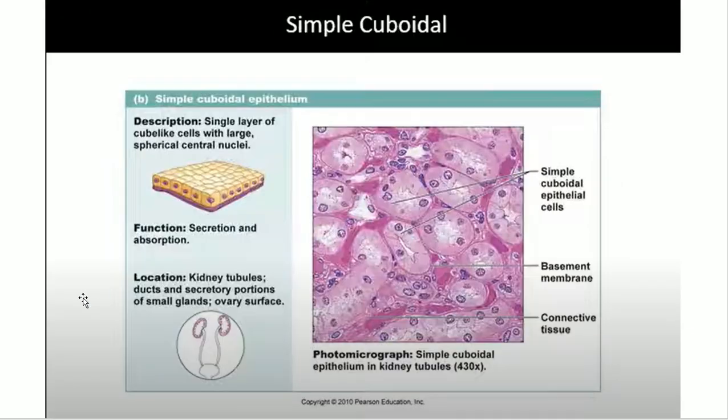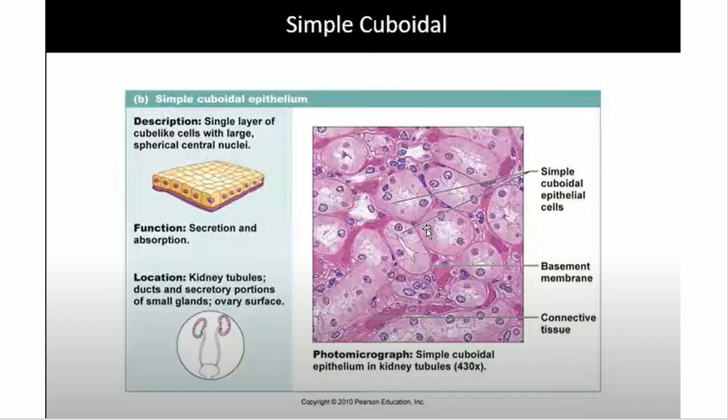Okay, simple squamous. Simple cuboidal, so this is one layer of cuboidal cells. We'll look at some better size at the end. Don't really love this image, but here is an example of a simple cuboidal kidney tubule right here. So this is one kidney tubule.